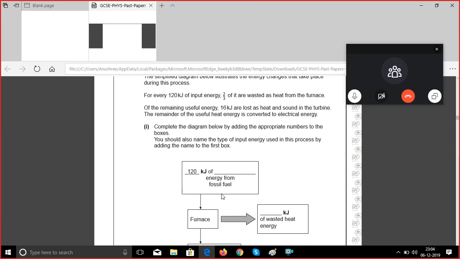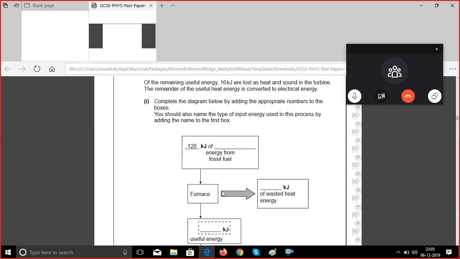Okay, so the input energy from the fossil fuels is chemical energy, yes. And in the turbine, 16 kilojoules are lost as heat and sound. That's given, right?